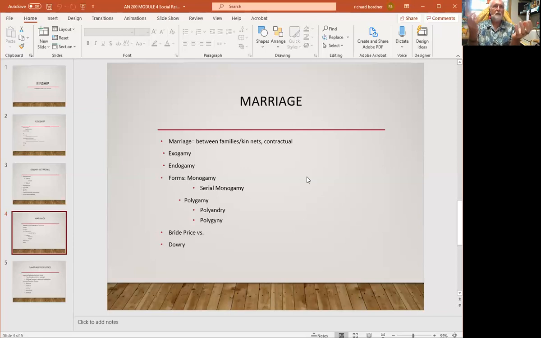So this family wants to be compensated for the fact that she's leaving. It's sort of like moving from one company to another company. You're going to be working for these guys now. So this family has to compensate that family for the loss of the lady. And that's what bride wealth, or bride price, is. Bride price is what the groom's family pays to the bride's family for them to accept the marriage.